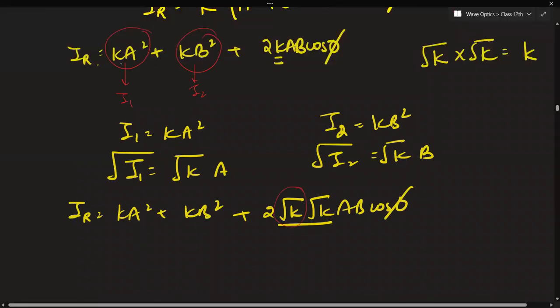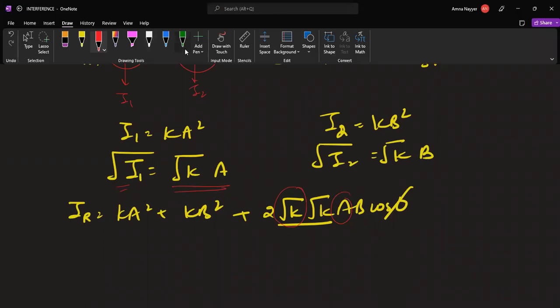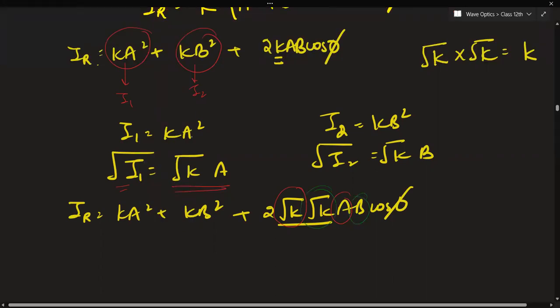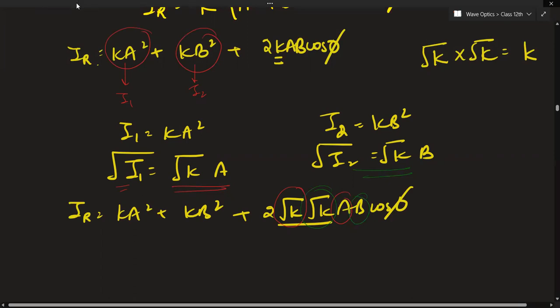Root K multiplied by A is root I1. And root K multiplied by B is root I2.